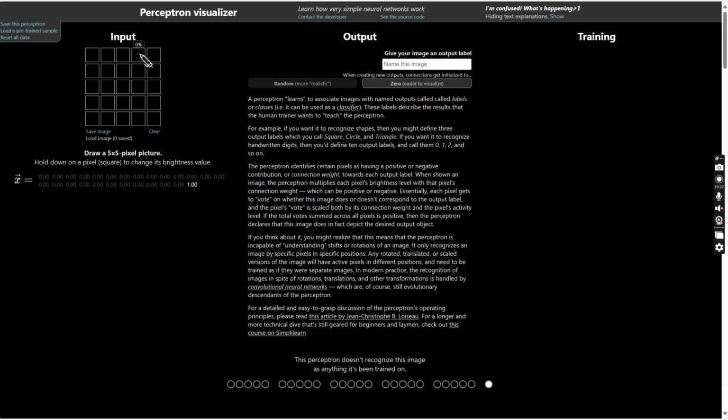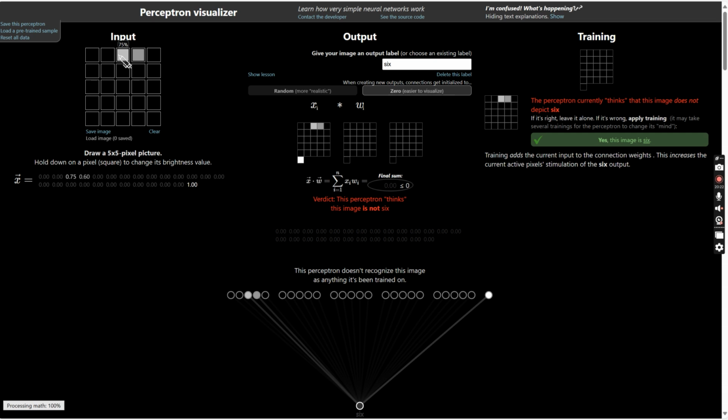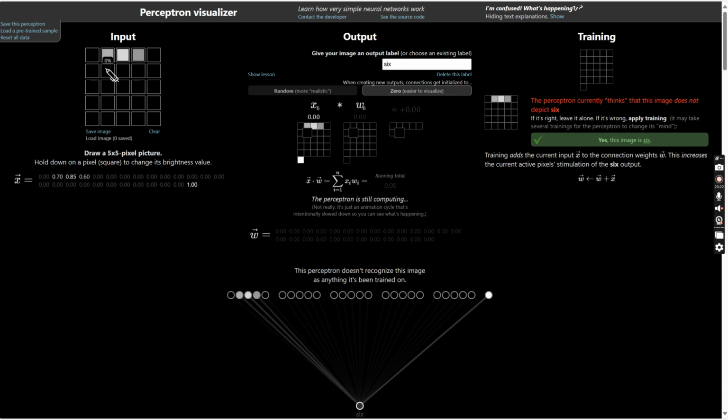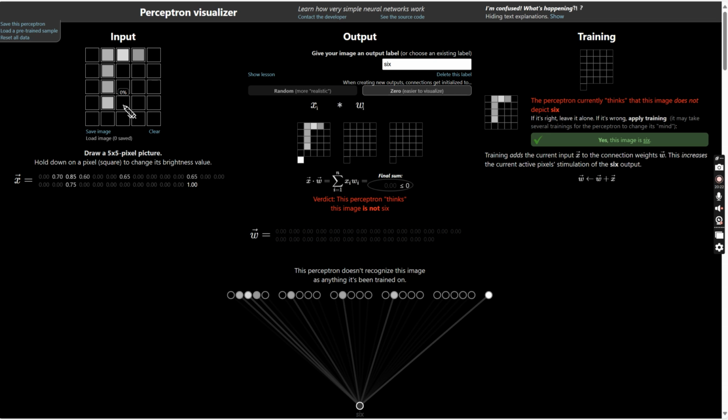Okay, now let me start drawing the same thing. Watch what is happening here. And there is no w, by the way. I'm going to name this image as 6. Notice w here.